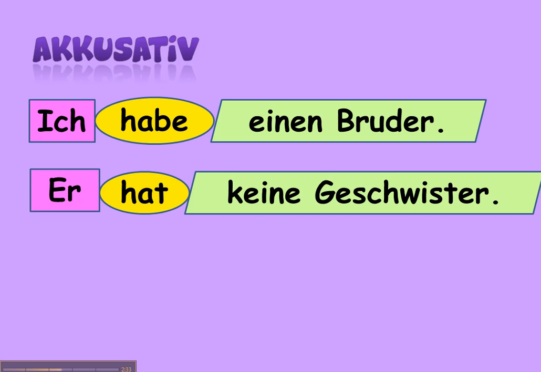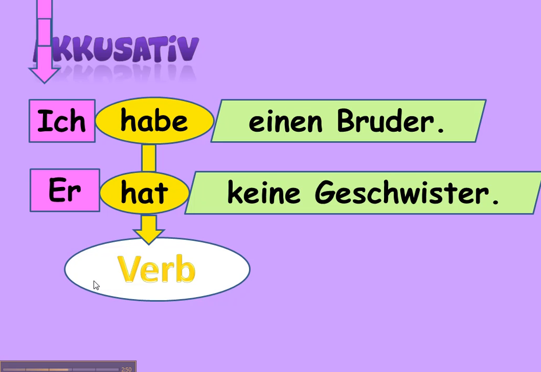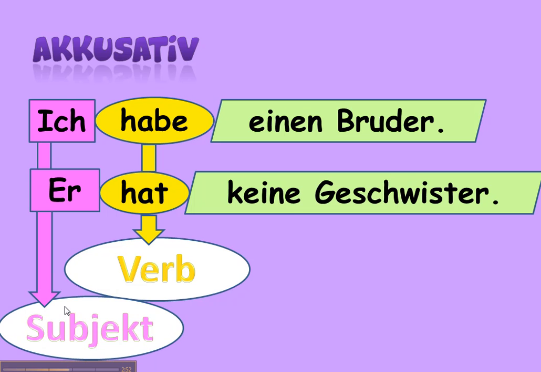Here are some examples of sentences that use an Akkusativ. First one here, ich habe einen Bruder, er hat keine Geschwister. Let's determine our verb first again. Our verbs here are habe and hat. And our subject is ich and er. And now we have something over here that is not equal to the subject.